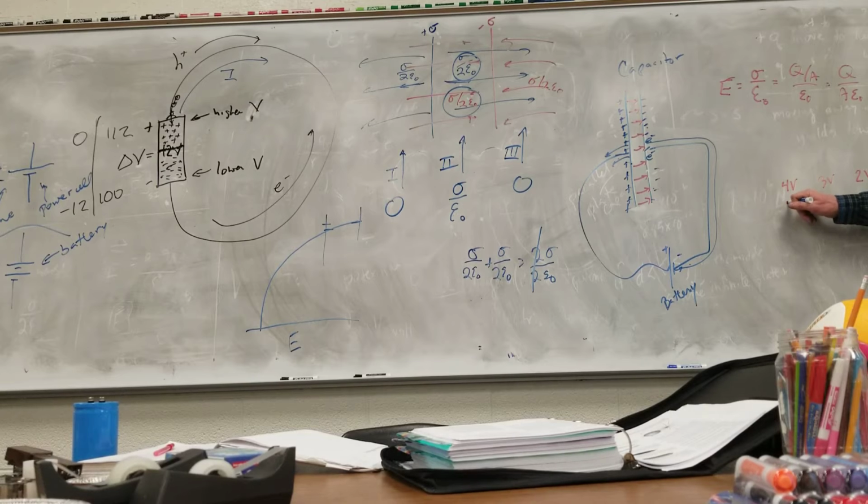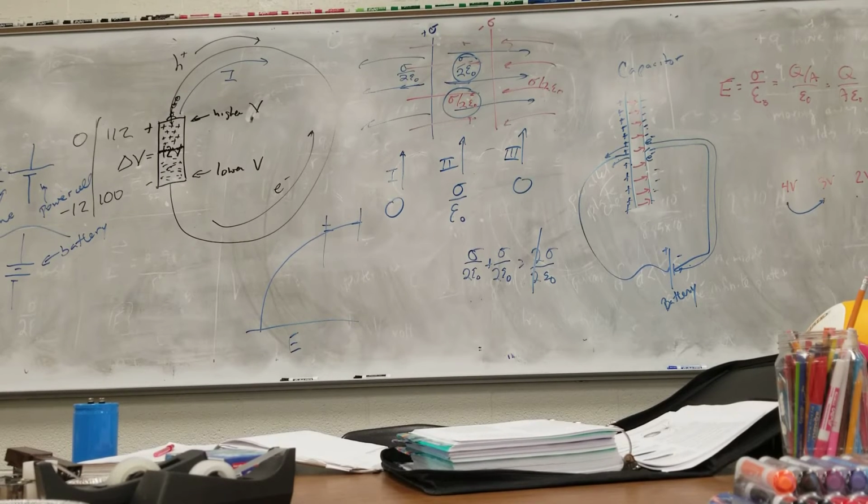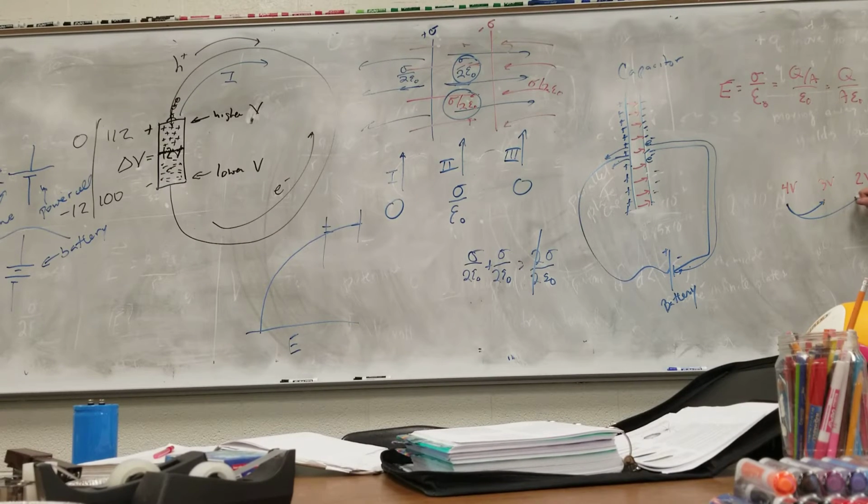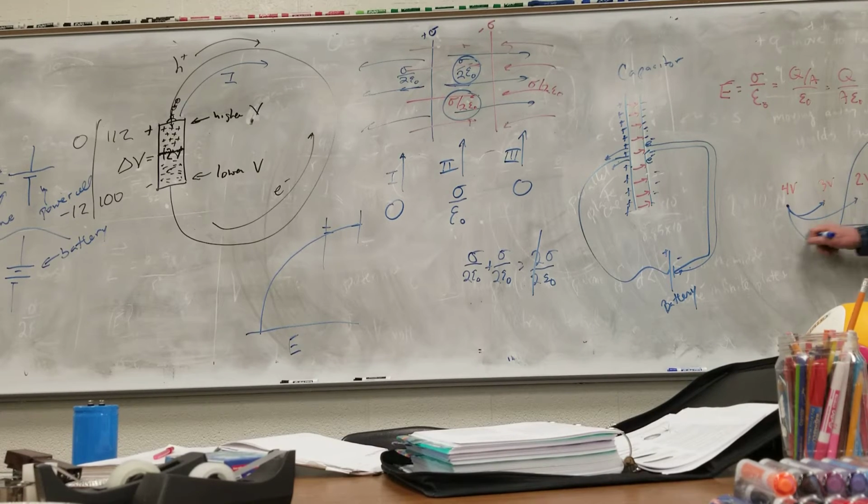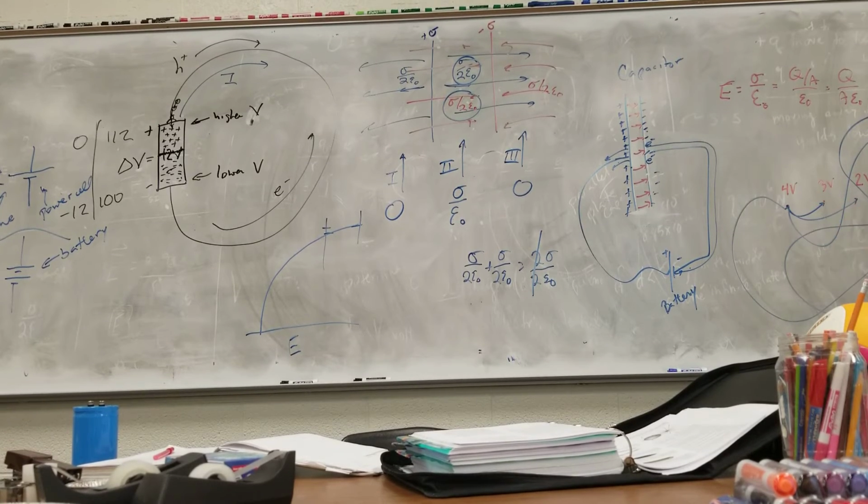If I start here and end up here, what's my voltage? -1. All right, if I go from here to here, -2. If I go from here to here, 0. Does the path matter?